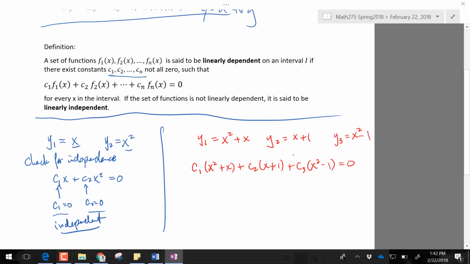Now I want to find out if it's linearly independent. To do that, I write each of these functions with a constant in front of it, add them all up and set it equal to 0. The question is, can I solve for c1, c2, and c3 and get answers that are not all equal to 0? Let's see if that works.